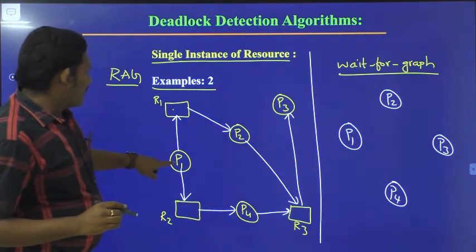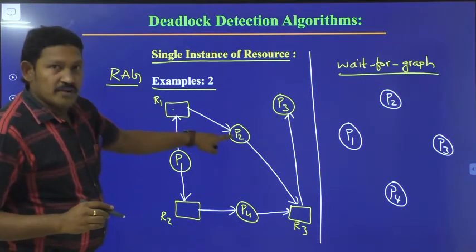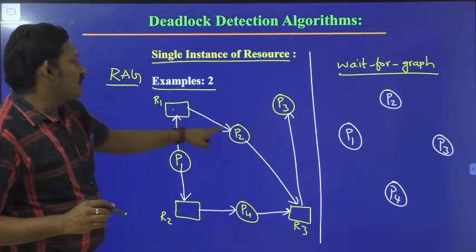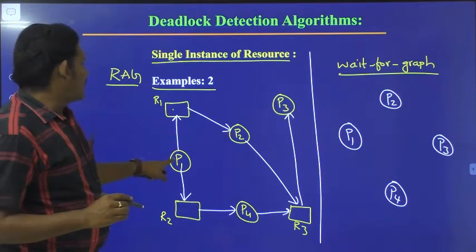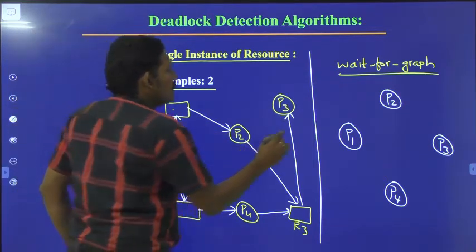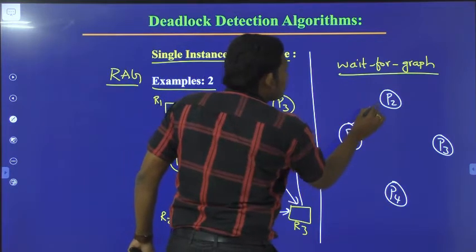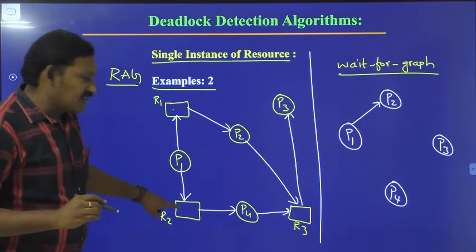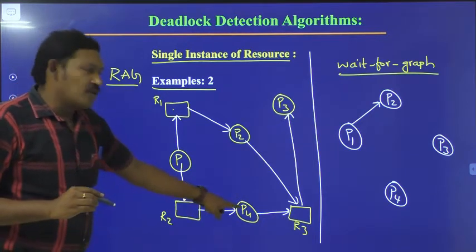So process P1 is waiting for P2. See, P1 is requesting R1, where R1 is being held by process P2. Similarly, P1 is requesting resource R2, where R2 is being held by P4.